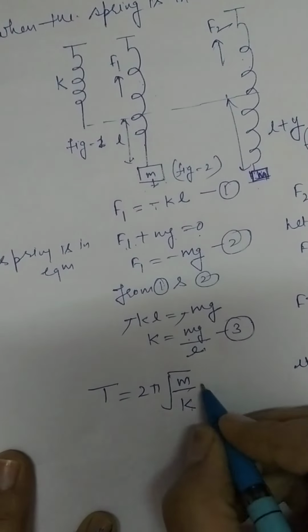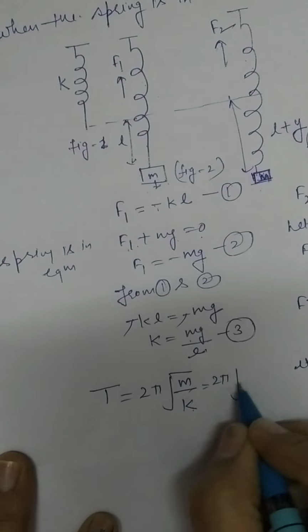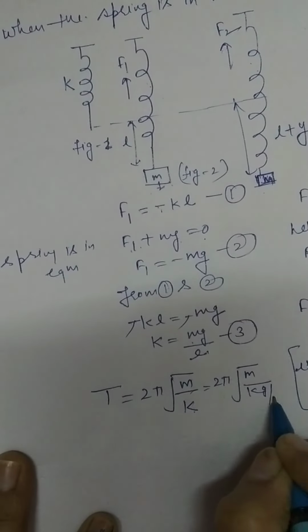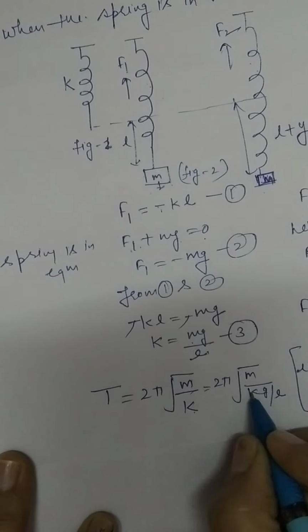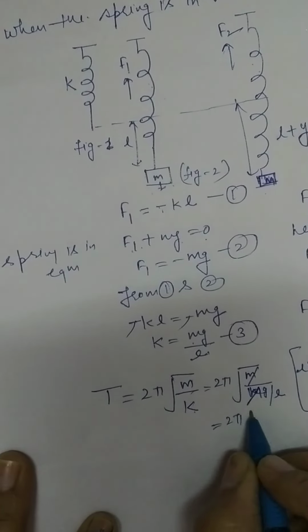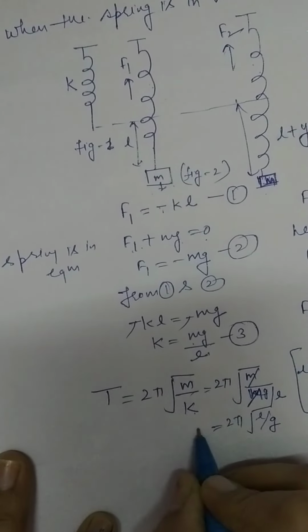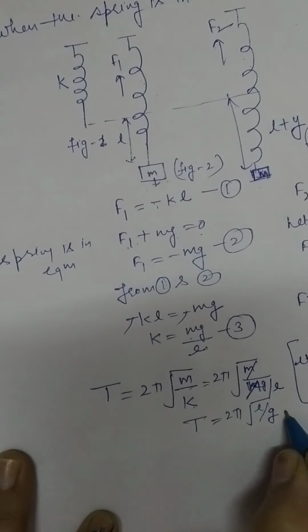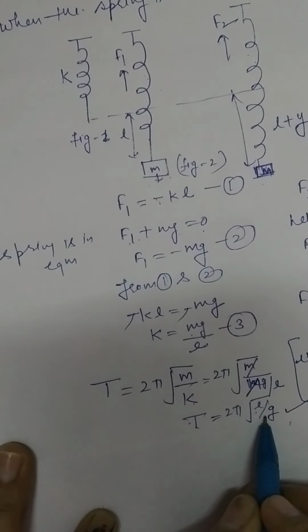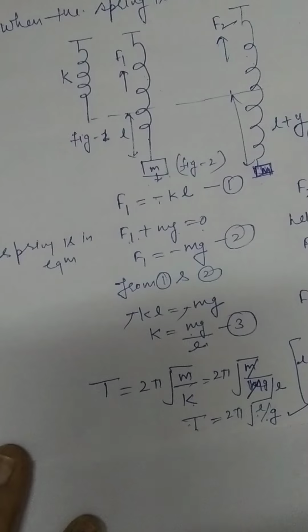Put the value of k from this relation, it becomes 2 pi under the root of m, sorry, mg divided by L. The m cancels out and it becomes 2 pi under the root of L by g. So the expression for the time period is 2 pi under the root of L by g, and its expression is the same as the expression for a simple pendulum.